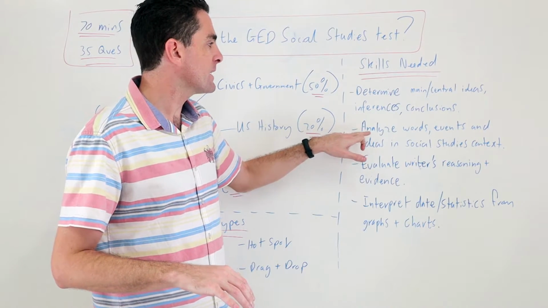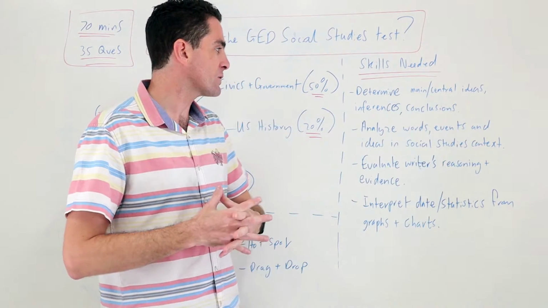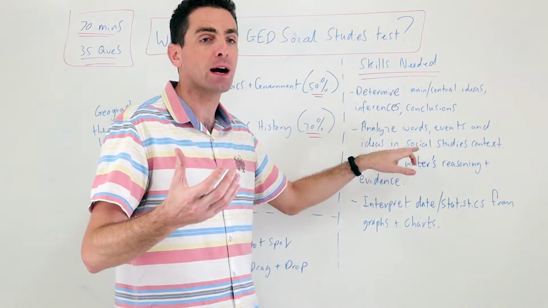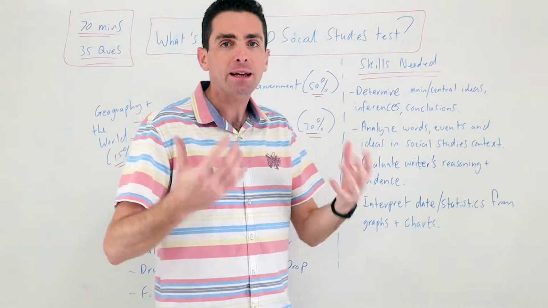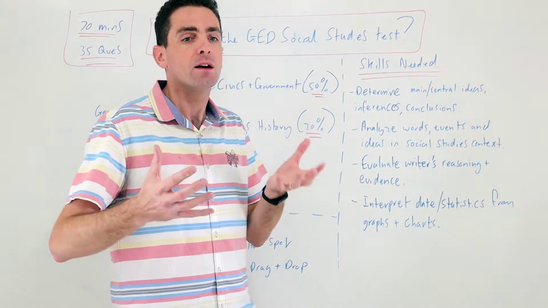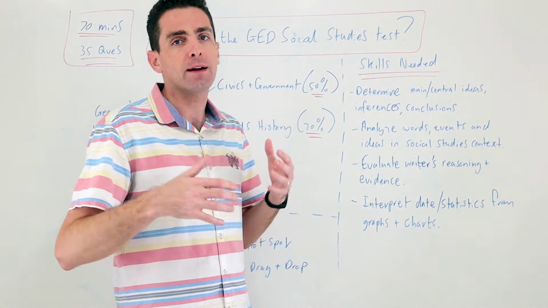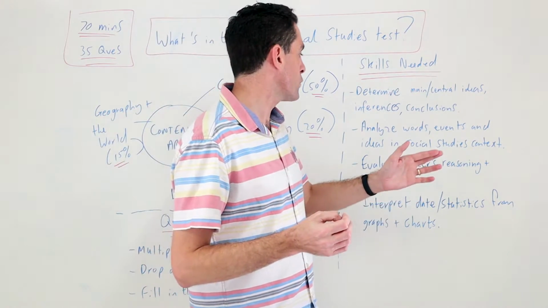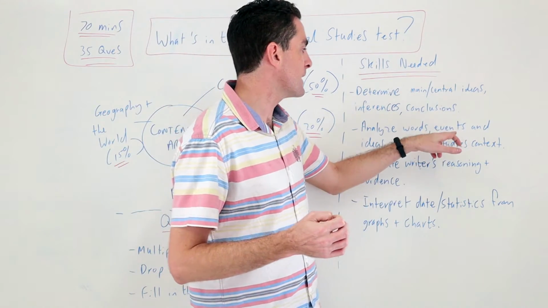Next, analysing words, events and ideas in a social studies context. Okay, so you might get words within paragraphs that you're asked to give meaning to, and this would be in a historical context or a context of civics and government, whatever. You could be asked to analyse an event.